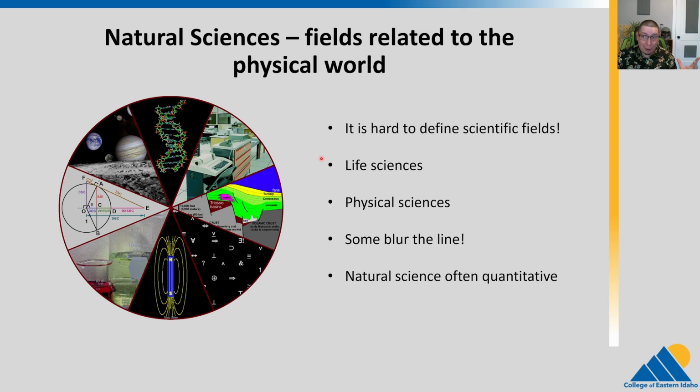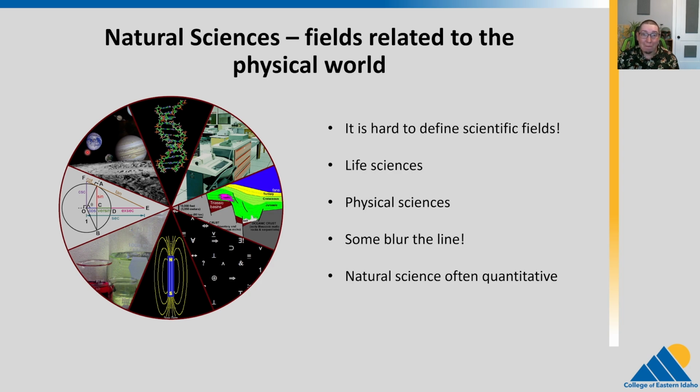That can get nittier and grittier to things like biochemistry, where often you're not working with too many living things, but you're working with the proteins and the DNA and enzymes and stuff like that are made by living things. The physical sciences tend to involve inorganic things like rocks, geology, chemistry, physics, astronomy, things like this. Obviously, though, the Earth has been shaped drastically by the things that live on it.